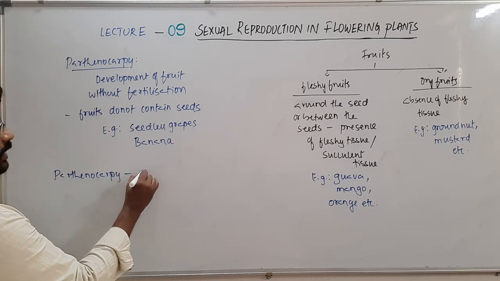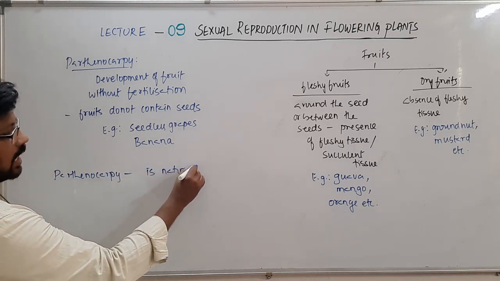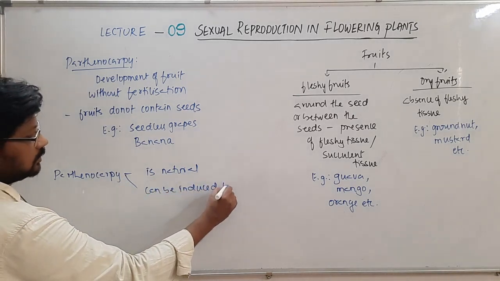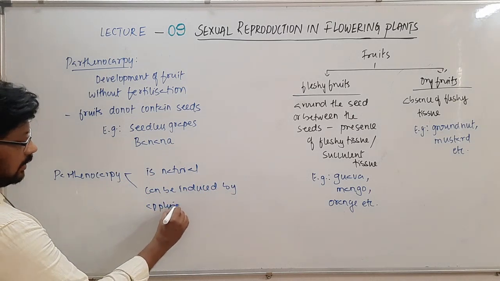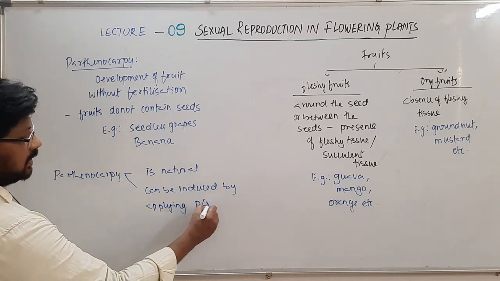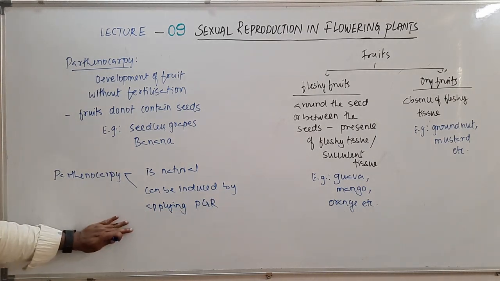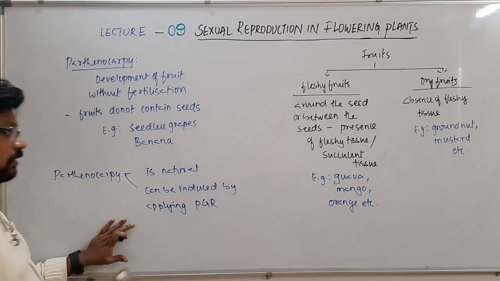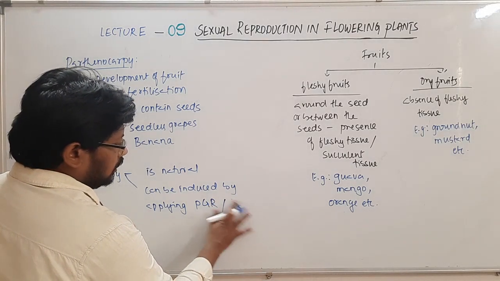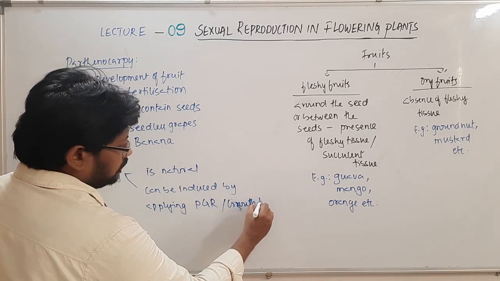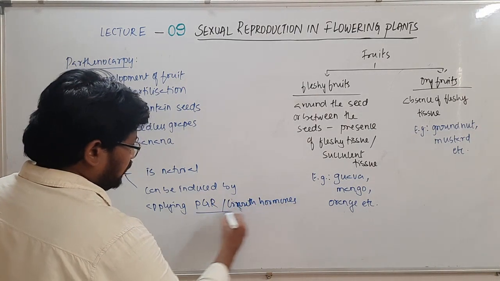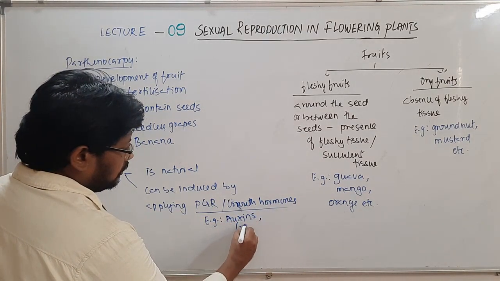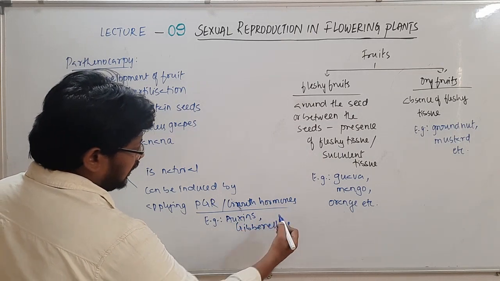So as mentioned, parthenocarpy is a naturally occurring process, and it can be induced by applying something called PGRs, that's plant growth regulators, or simply the growth hormones, like for example auxins. You can use auxins, you can use gibberellins, right?